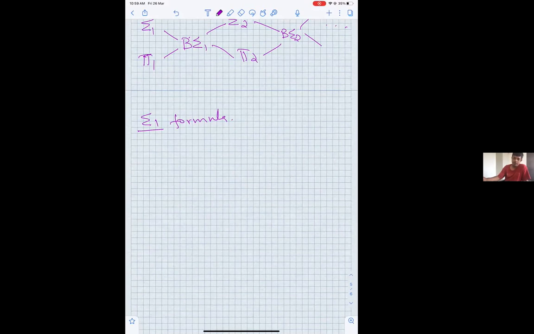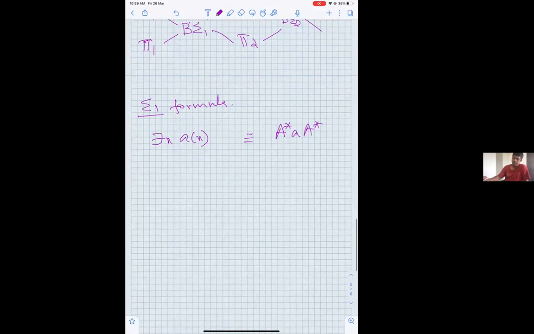There exists x, a(x). What does this say? Let's write a regular expression for that: sigma star a sigma star. I'm going to write capital A for the alphabet, so A star a A star. It just means that there is a letter a.